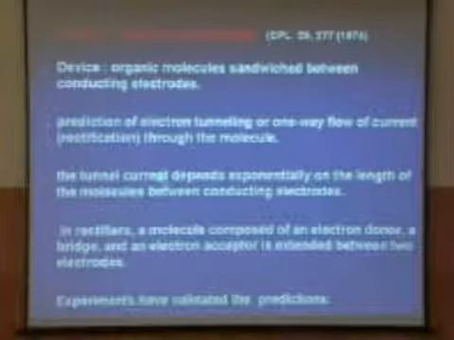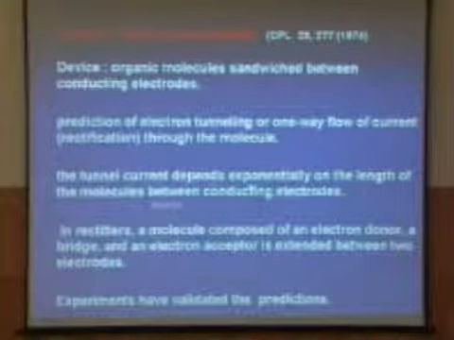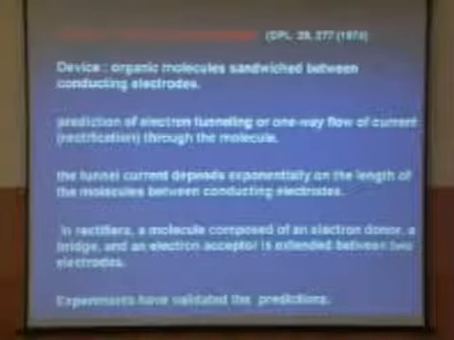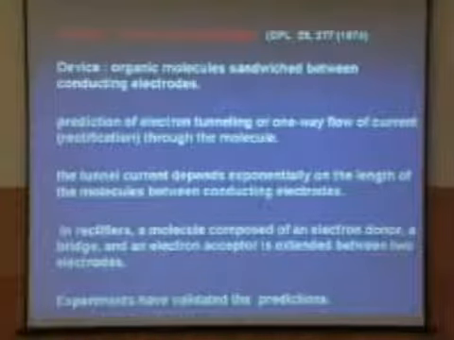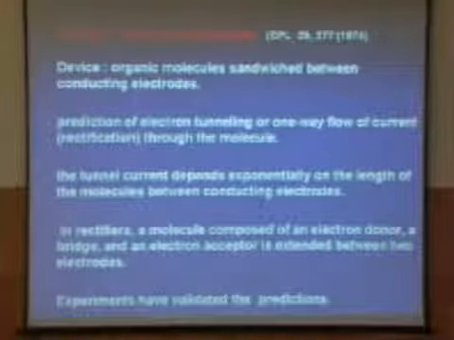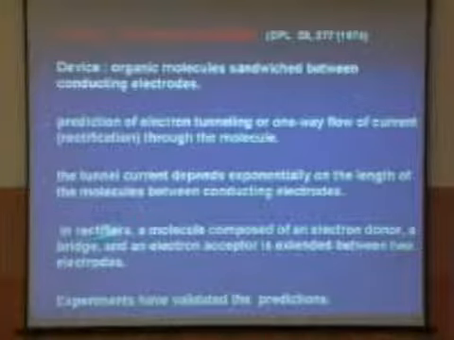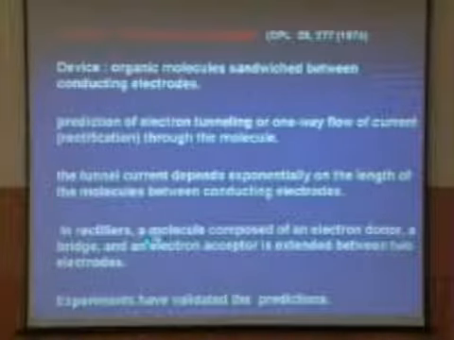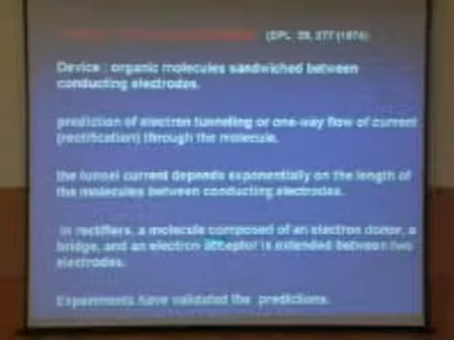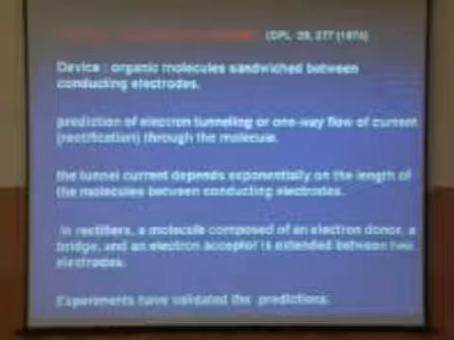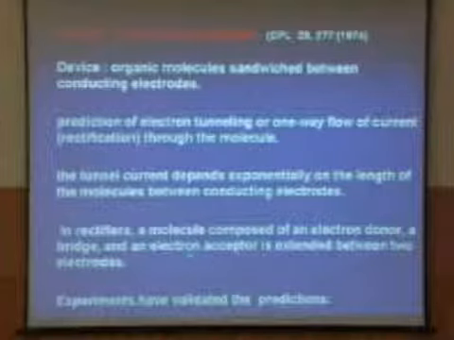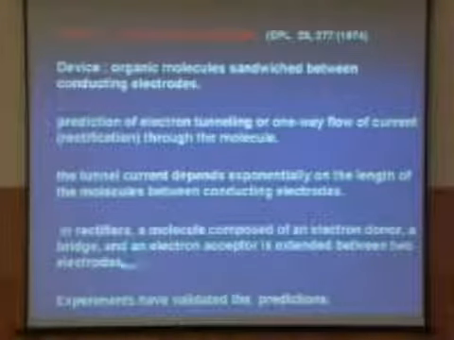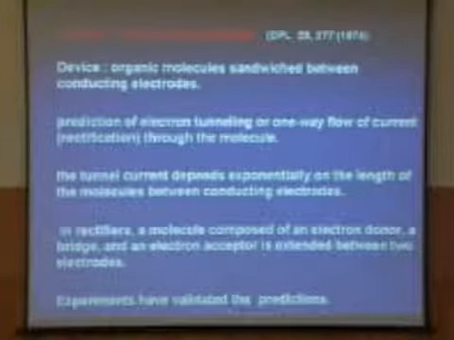They found this tunnel current depends exponentially on the length of the molecule. If you have benzene rings, 2, 3, 4, the magnitude of the current depends on the length of the molecule. The rectifier, as I showed you, is composed of a donor, a bridge, which is a high energy insulating molecule, and an acceptor, and these predictions have now been verified by experiments.